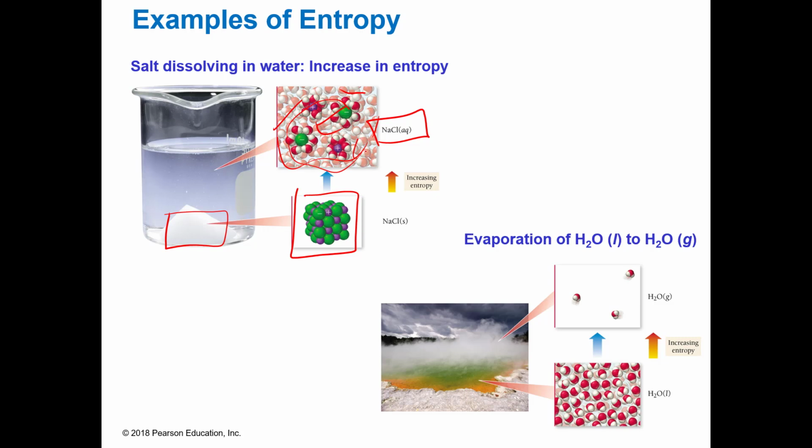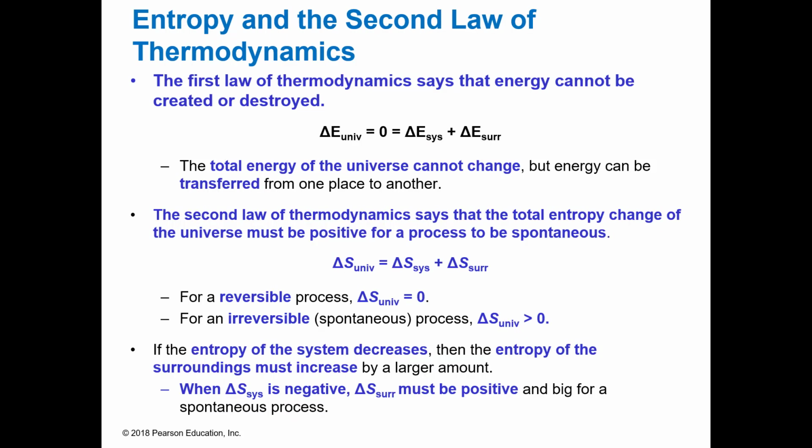And if you take that liquid and heat it up and make it steam, those water molecules are going to be even farther apart and more randomly moving. And so the gas is going to be higher entropy than the liquid.